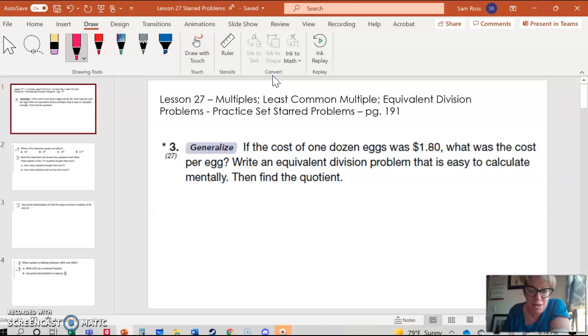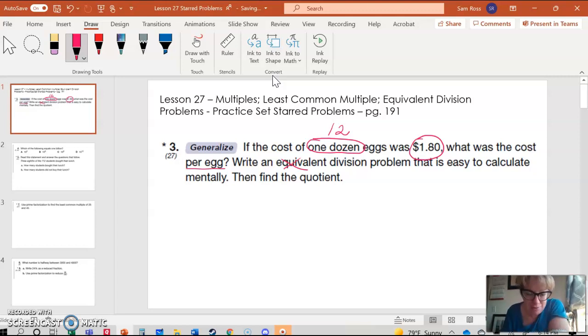Number 3 says, if the cost of 1 dozen eggs, that's 12 eggs, was $1.80, what was the cost per egg? It says write an equivalent division problem that is easy to calculate mentally and find the quotient. I'm not going to do that. I'm just going to divide.